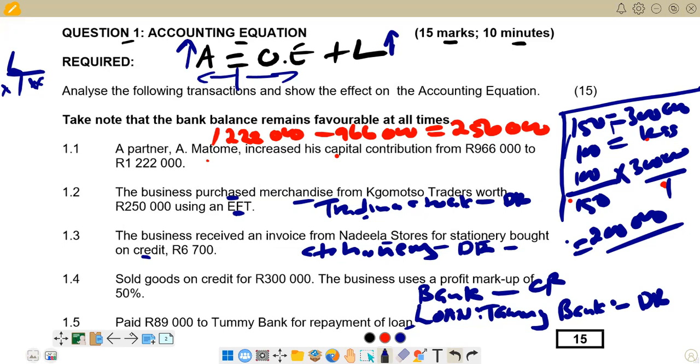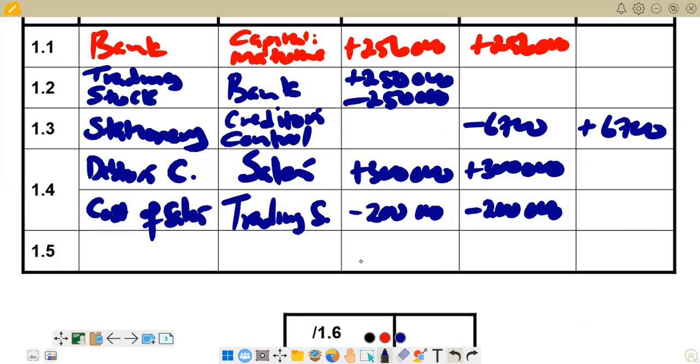So we come here and summarize that one. What we are saying here is that we debit loan, and remember, this is Tami Bank. And then we are crediting the bank.